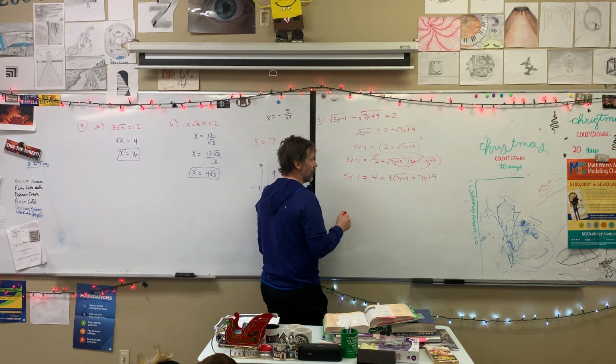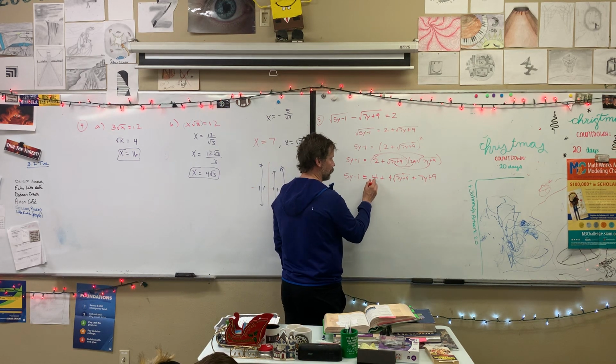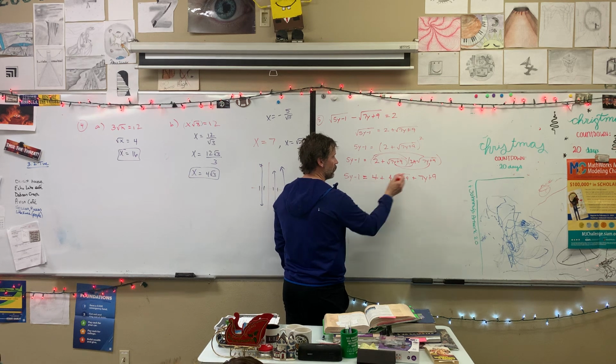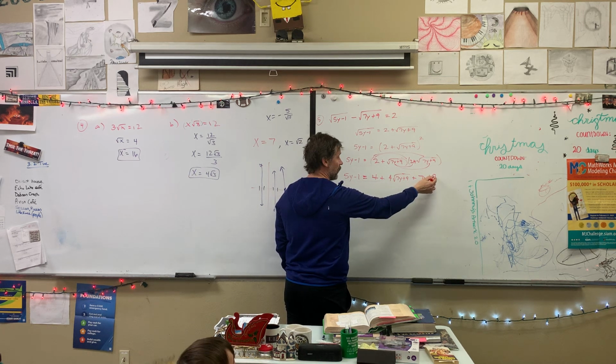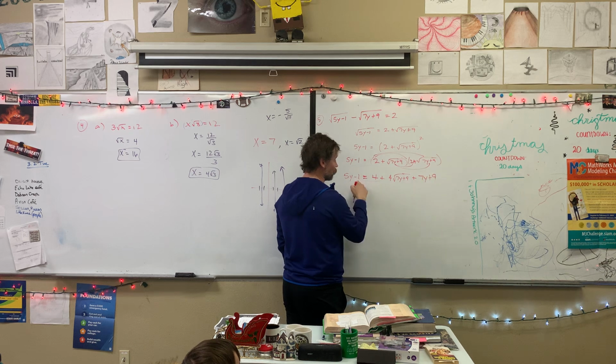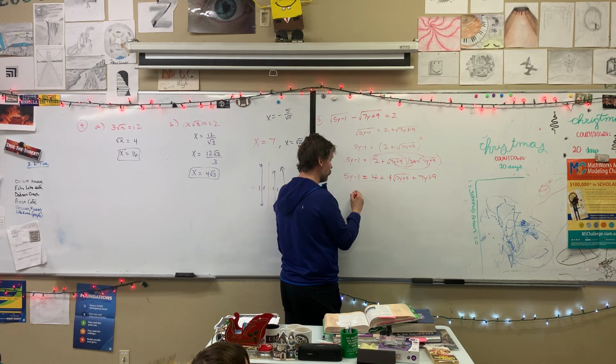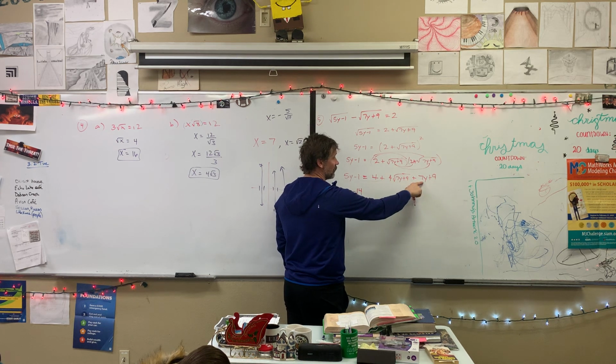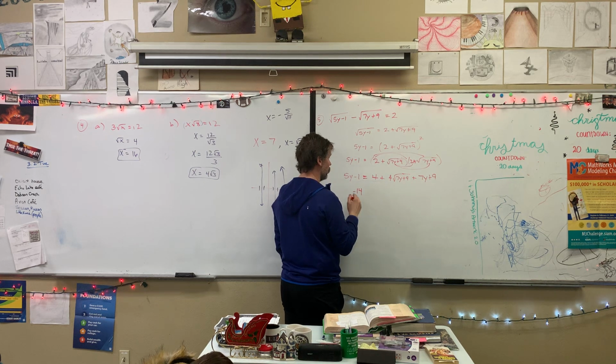So we go to isolate the radical, we're going to bring this 4 and this 9 together. That's 13. You're going to subtract it from both sides, so you end up with negative 14. Then you subtract the 7y. What do you end up with?